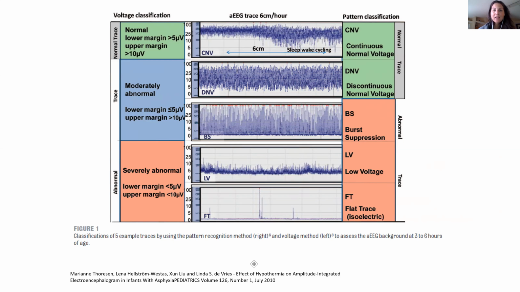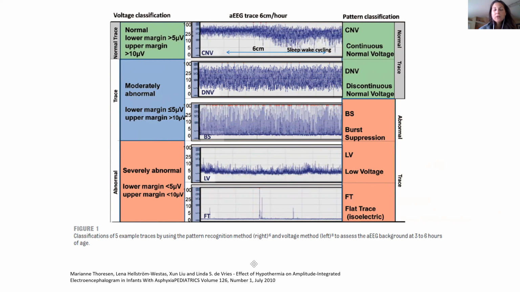So this is a place where they looked at what they wanted to consider normal during cooling. So this is only for cooling babies, versus what was the voltage classification over on the left, which was really for normothermic babies or non-cooled babies.